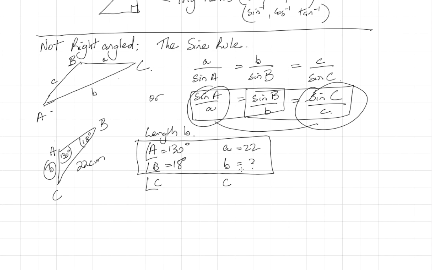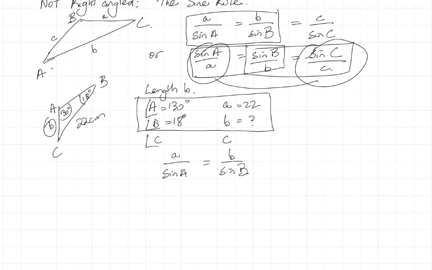So we're after B. So I'm going to write it like this because it's easier to work out the unknown when it is on the top. You can still work it out on the bottom. We can still use these two, but I'll use this one here. So we quote the rule first: A over sine A equals lowercase b over sine capital B, capitals for angles, lowercase for sides.